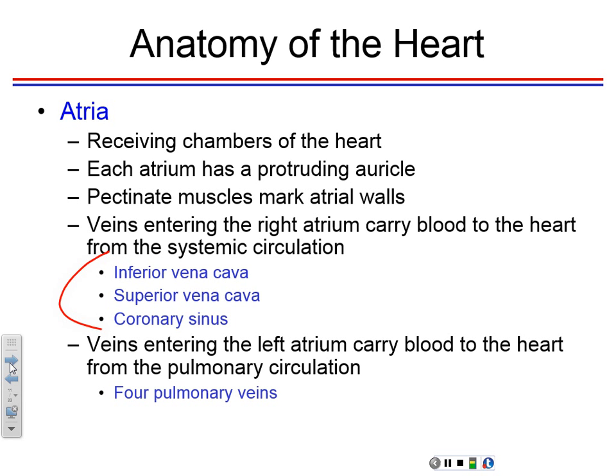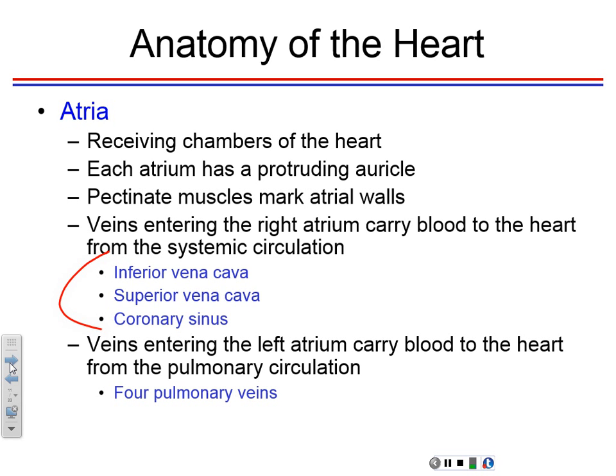So now we have to track the movement of blood. Like if I was to say a red blood cell comes into the heart on the right, which structures does it pass through? On the right side, it has to pass through the tricuspid valve to get into the ventricle, and we will cover that later on. So inferior vena cava, superior and coronary sinus.